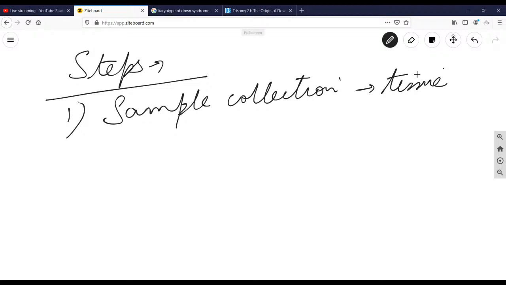Mostly we take RPMI 1640, a growth medium used for cell culturing. It is named after Roswell Park Memorial Institute medium. That's a different thing, not in your course, so I'm not going into the detail of RPMI medium.